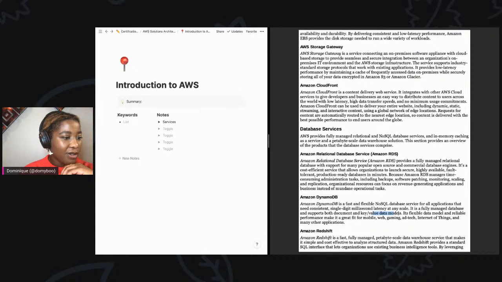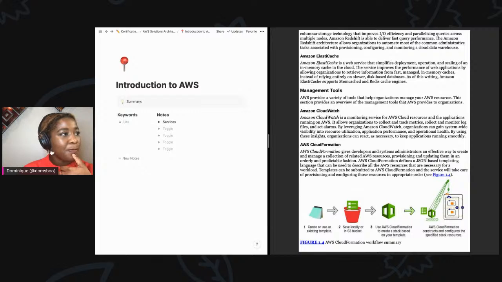Key value data models. Amazon Redshift is a fully managed petabyte scale data warehouse service that makes it simple and cost effective to analyze structured data. So I know RDS is just a relational database and this is a data warehouse. I wanted to get the differences between the two just to make sure. ElastiCache is a web service that simplifies deployment, operations, and scaling of memory and cache.